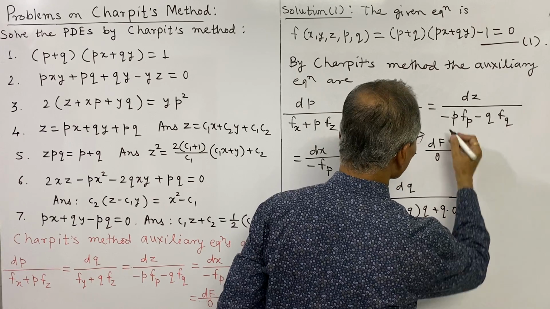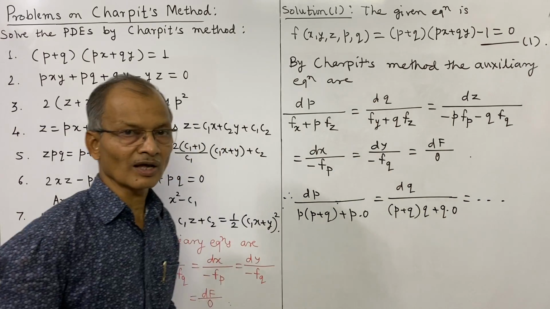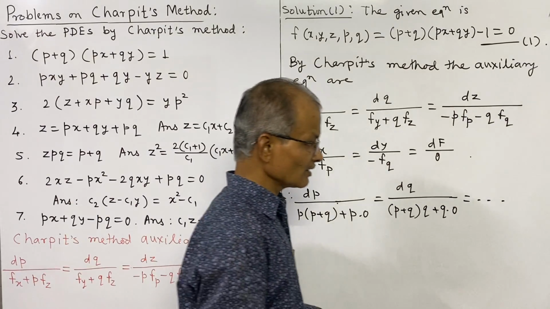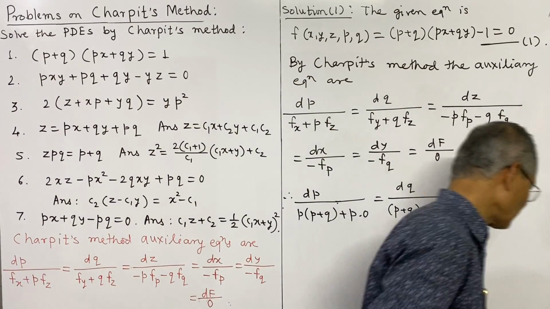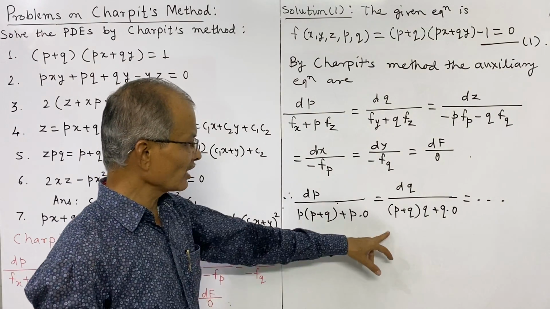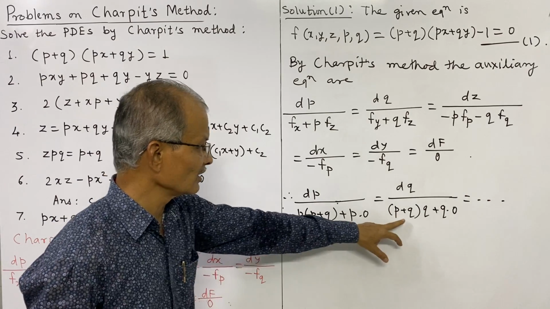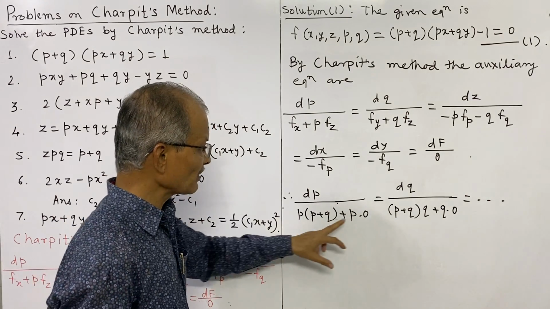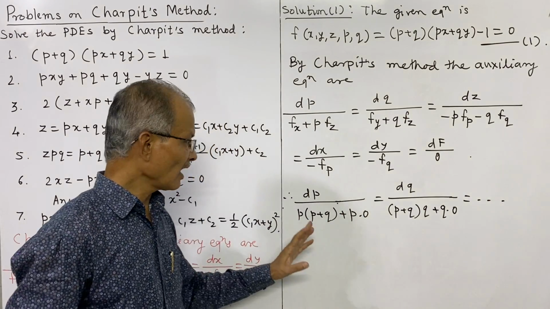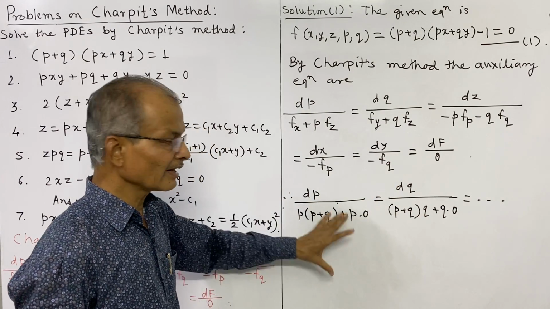Likewise the remaining terms can be obtained, but we see we have to solve this as in Lagrange's equation. We have solved auxiliary equations by taking the ratios. If you observe these two ratios here, these terms are 0, and what remains is only this one, and in that also p plus q cancels from either side, and we get dp upon p is equal to dq upon q, and that is useful.